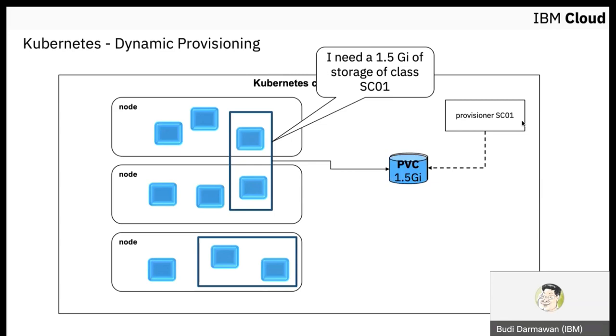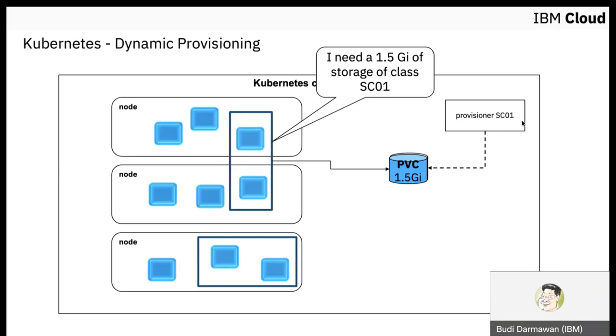And the IBM Cloud Paks are using this technology. There are some storage classes that do not support this, and those storage classes that do not support dynamic provisioning like this will not be supported for the Cloud Pak.